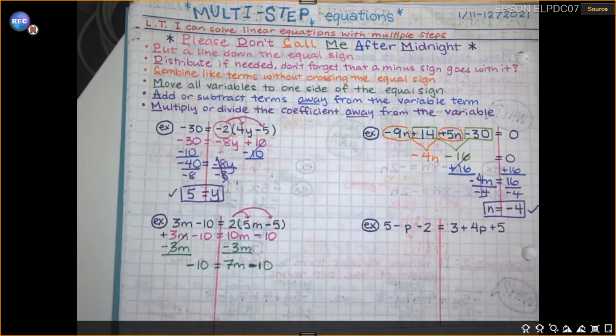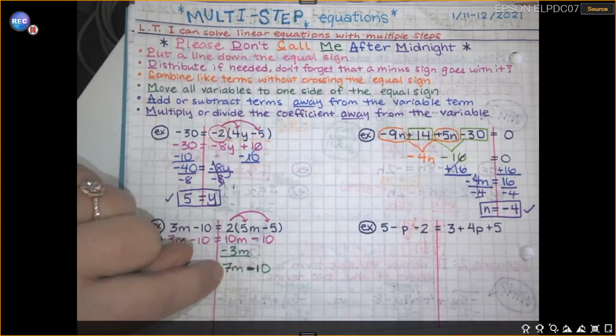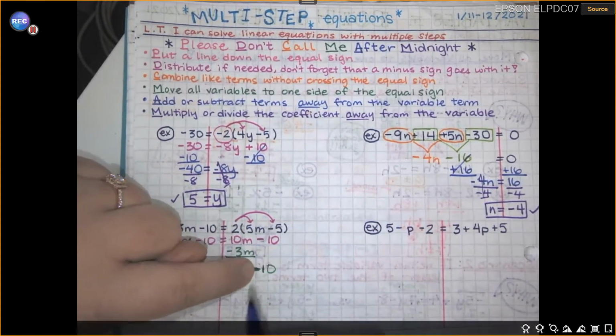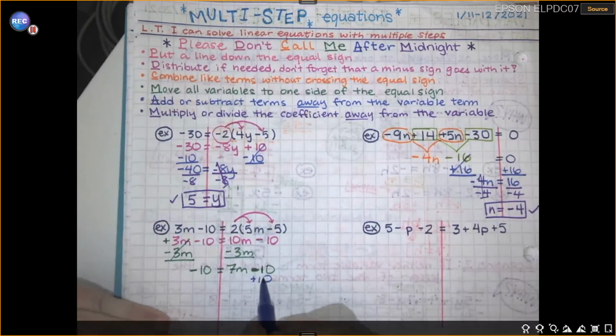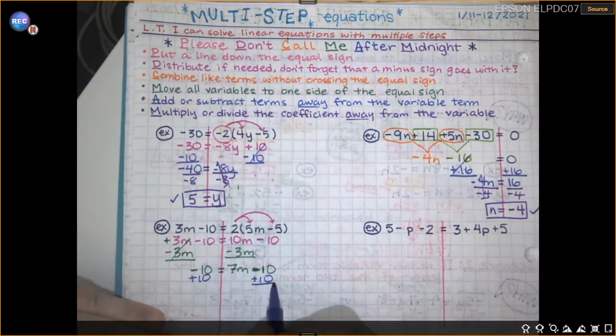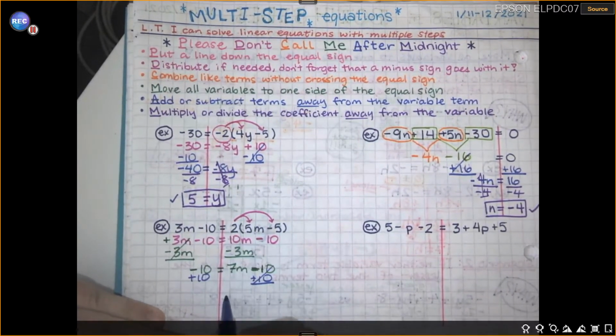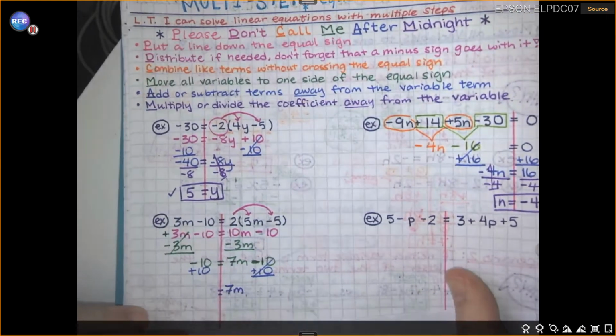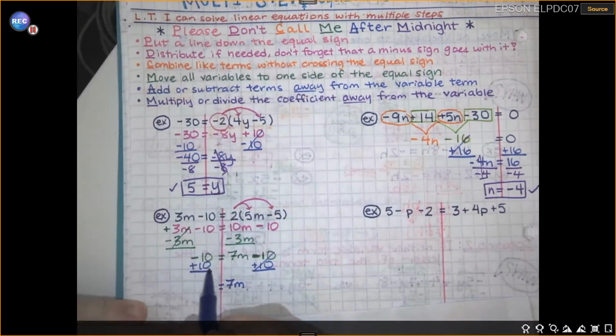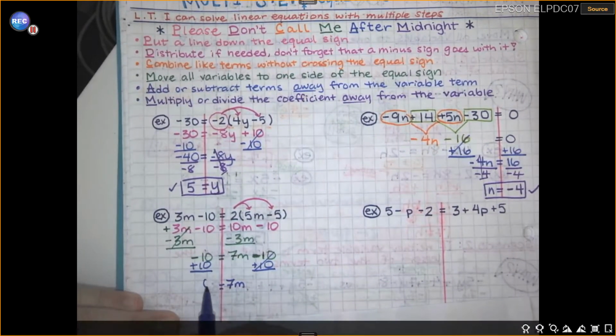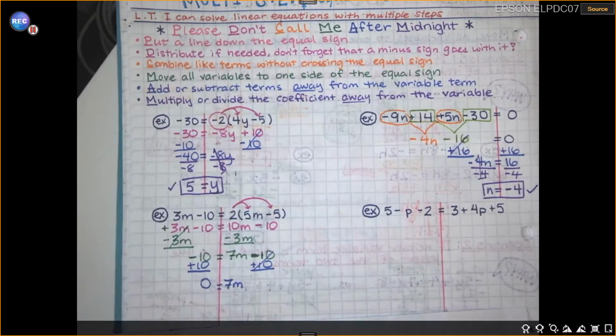Notice that by the time you get to the last 2 steps, it becomes a 2-step equation. So I need to move the other term away from the variables. So that's 7m minus 10, move this guy, plus 10, plus 10. So that goes away, and I just have 7m on the right-hand side, and notice this negative 10 plus 10, that's 0. Do not get confused. When it's 0, it's just a number.